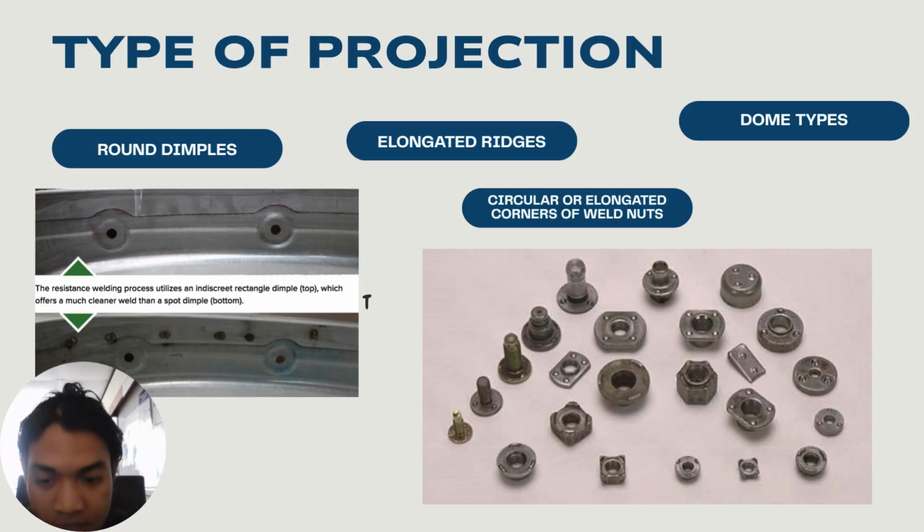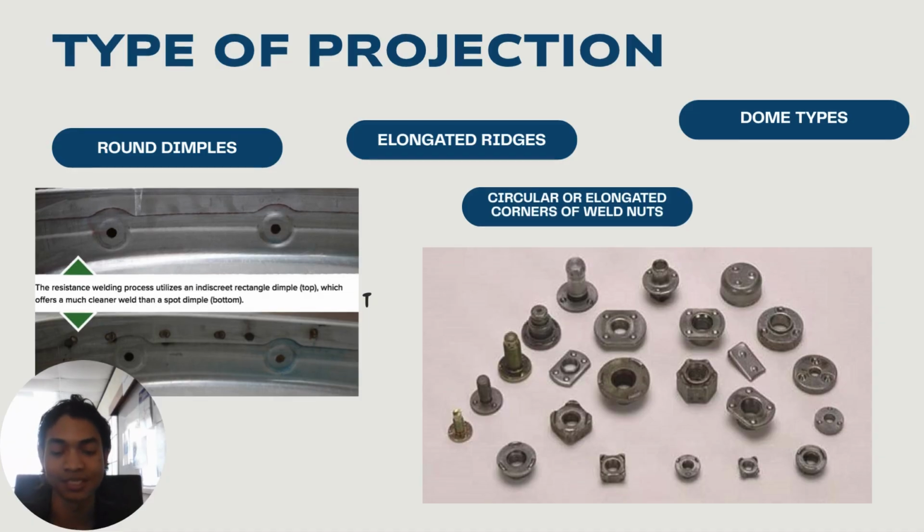We can see here there are also a lot of different types, like round dimples or dome types. So it depends on the application itself, and it is very easy for resistance welding to use this type of projection.